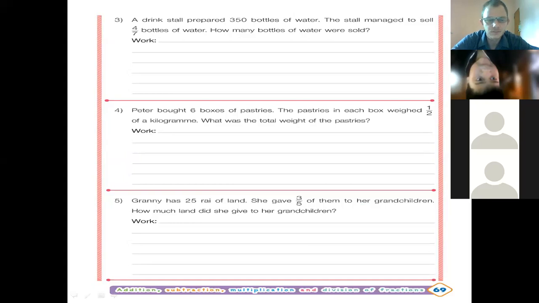What do we think here? What do we need to use here? Multiplication, division, adding, or subtraction? It has 350 bottles of water.